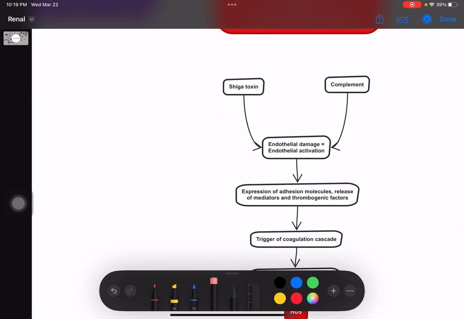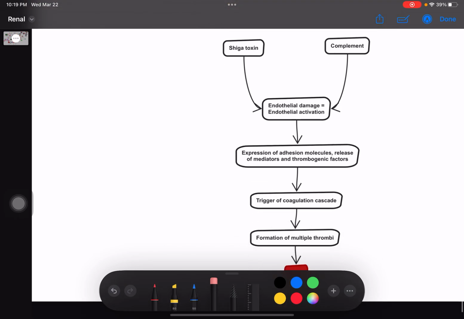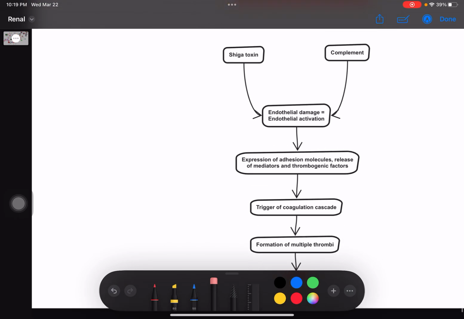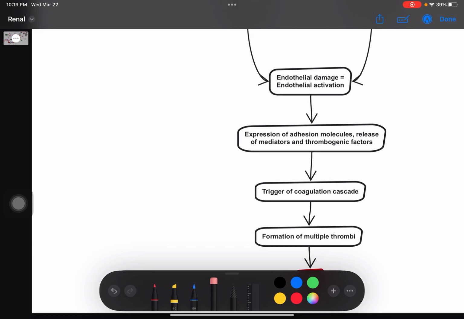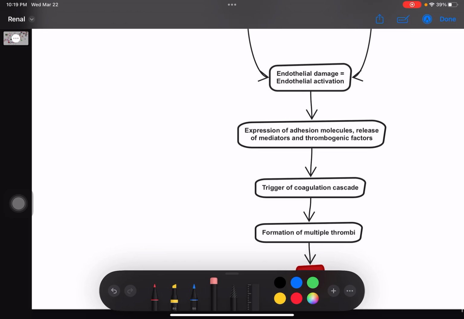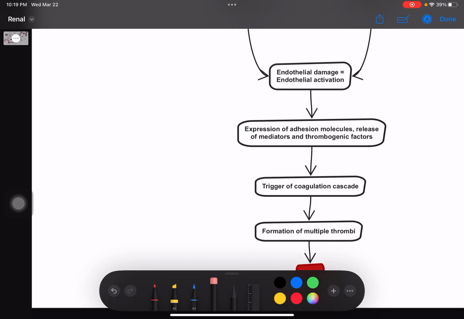So Shiga toxin and complement is going to cause endothelial damage. This is going to lead to expression of adhesion molecules and release of thrombogenic factors.